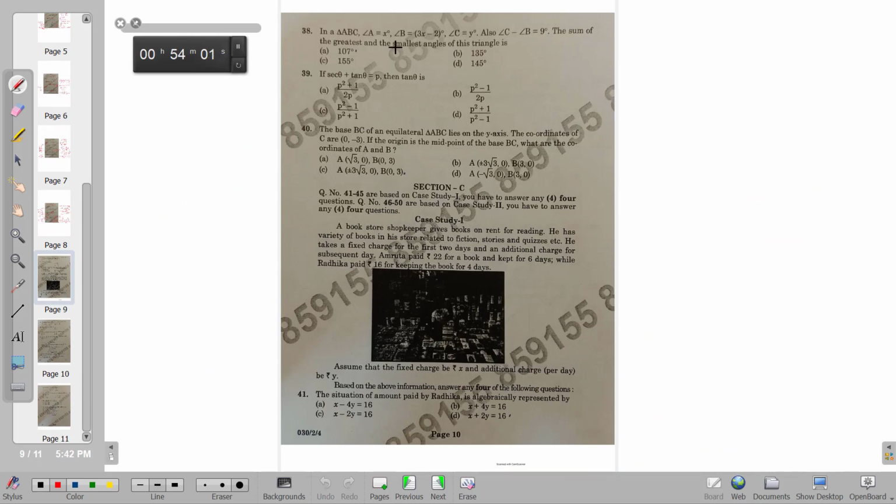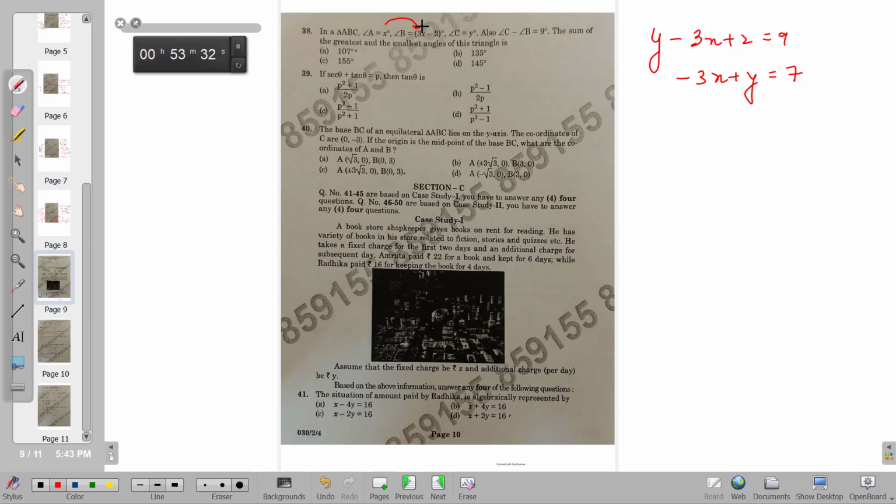38th. In a triangle, the sum of the greatest and smallest angles of this triangle will be how much? Okay, this is linear equations. So we have C minus B is 9. So y minus 3x plus 2 is equal to 9, or you can say minus 3x plus y is equal to 7. And we also know that in a triangle, the sum of all angles will be 180 degrees.